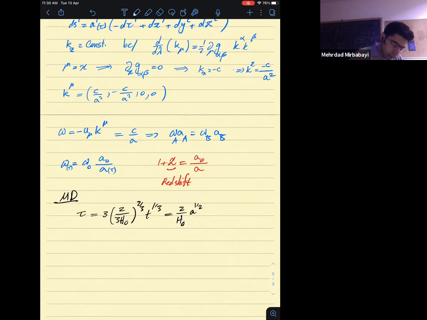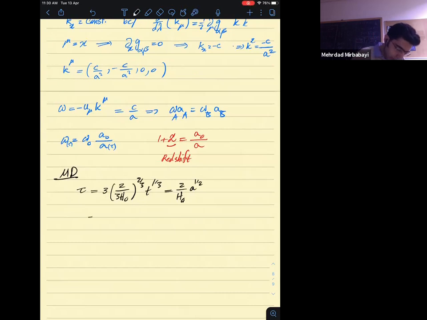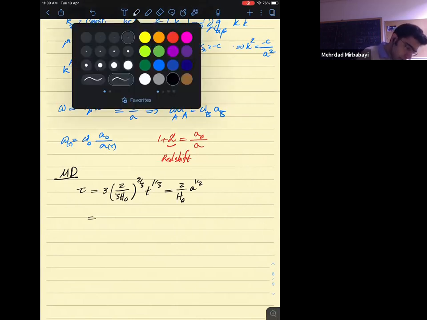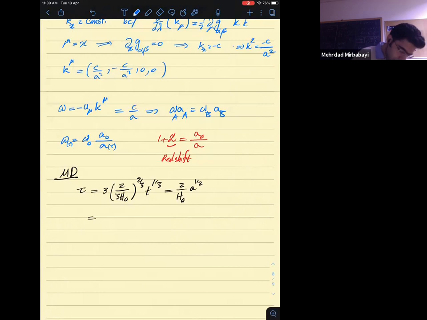So we can write this expression as 2/h0 times a to the 1/2. If we want to write it in terms of the redshift, we can write it as 2 over h naught times 1 over the square root of 1 plus z.